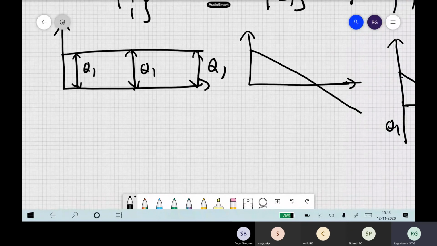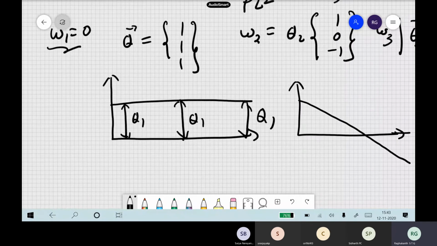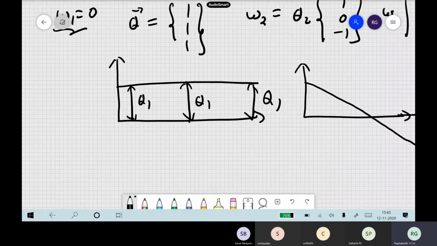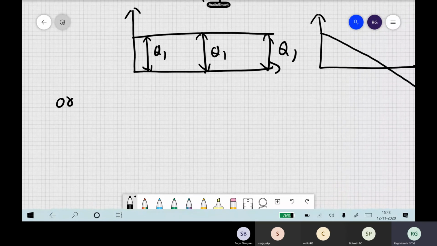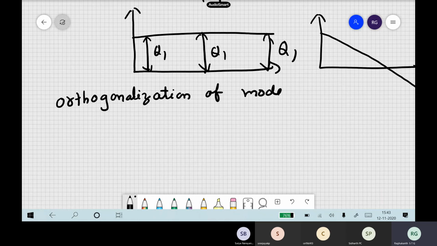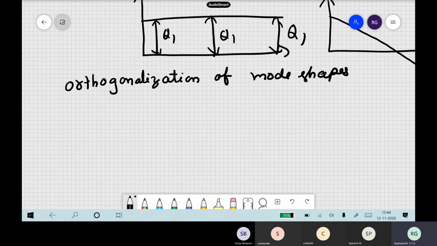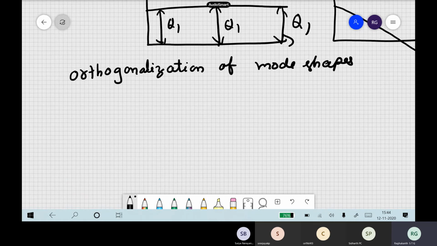If you want to calculate the natural frequencies, you can also find out orthogonalization of the mode shapes. This also has to be calculated, right? In dynamics you would have studied it. So these eigenvectors should be orthogonal to which matrix?